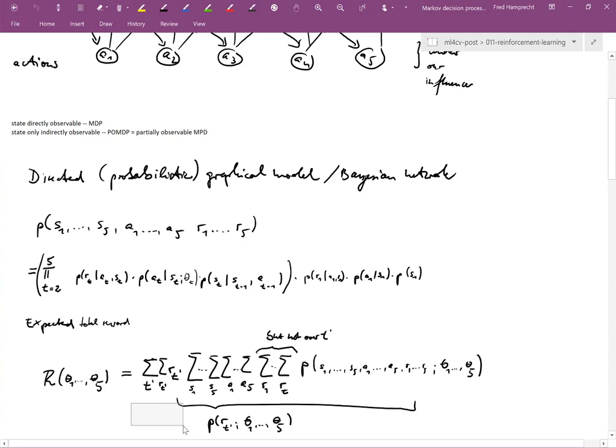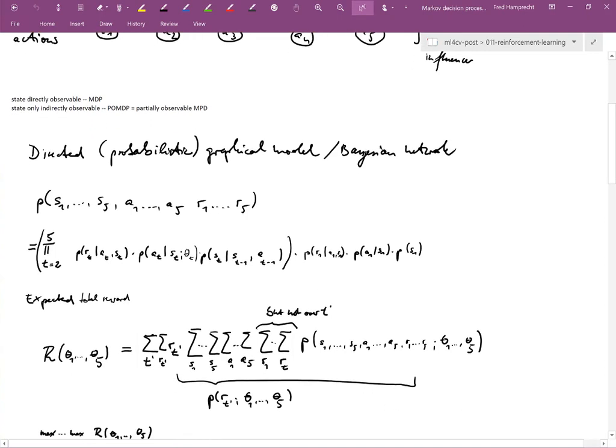So these RT prime are the rewards that we get from different actions at the same time step. And now these rewards we multiply with the probability of realizing that given reward, given our world model and given our policy parameterized by theta 1 through theta 5.